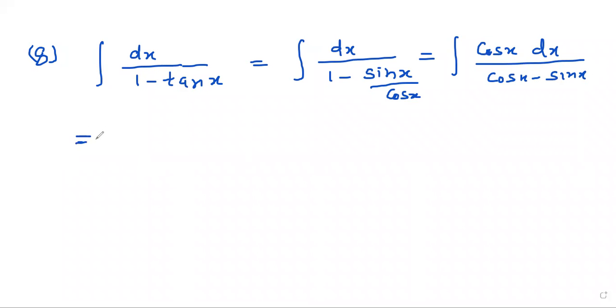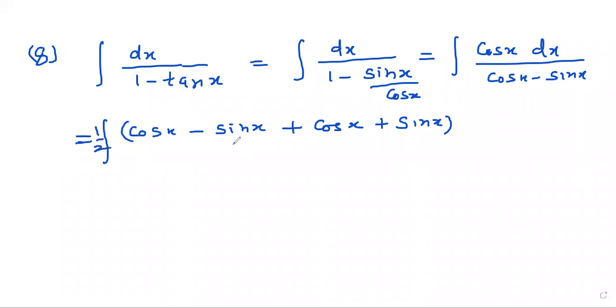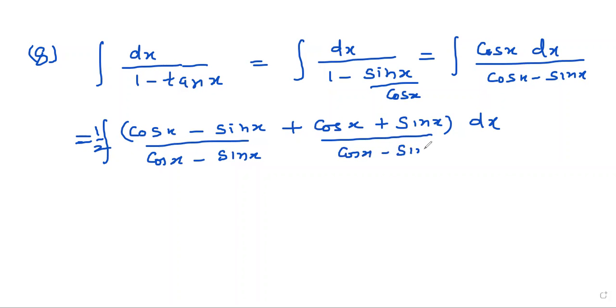We write it as integration (cos x minus sin x plus cos x plus sin x), and we write here 1 by 2. So overall effect is same, and dx divided by, we write cos x minus sin x separately, cos x minus sin x and cos x minus sin x.